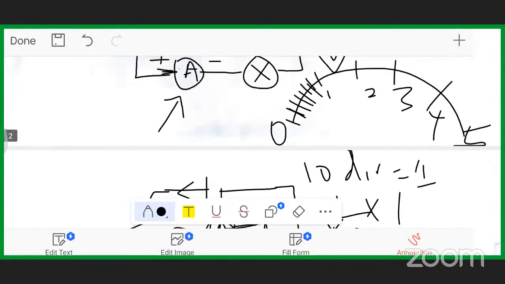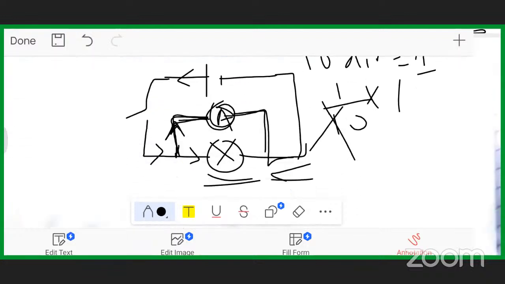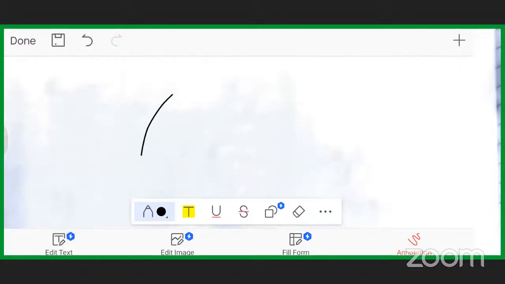Then you will know the expected number of decimals you are supposed to record while using this ammeter. At times the ammeter may be in the range of 0 to 1, like that. This is the one that most of you tend to confuse.